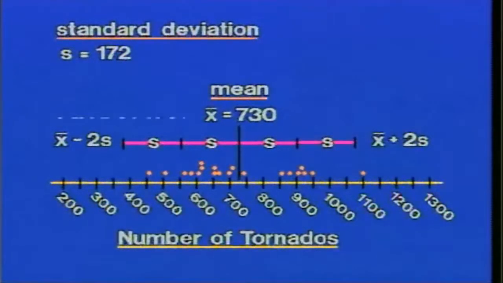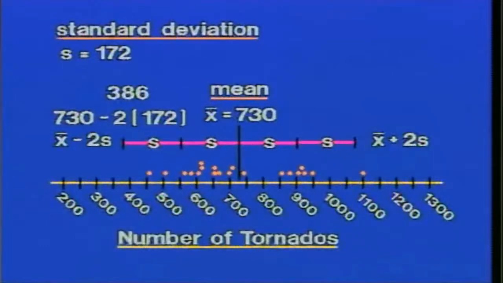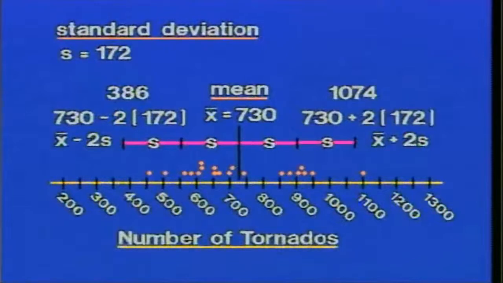On the left, x bar minus 2 standard deviations is 730 minus 2 times 172, which is 386. And on the right side, the mean plus 2 standard deviations is 730 plus 2 times 172, or 1,074.